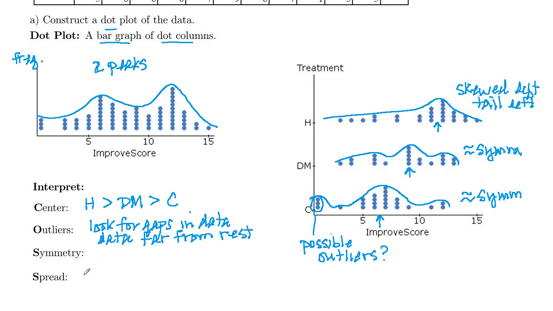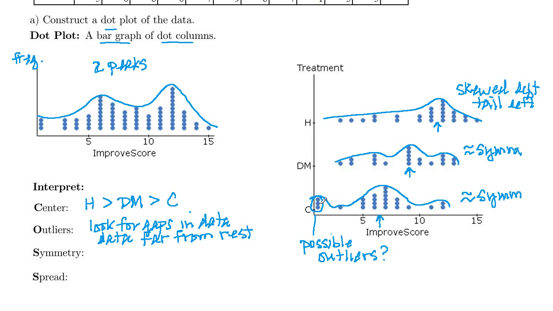And then the spread of the data. We can tell by looking at the space between the minimum and the maximum. Dextromethorphan looks like it is the most concentrated, from about 3 to 13, that's 10 units. The honey goes from 3 up to 15, that's more spread out.